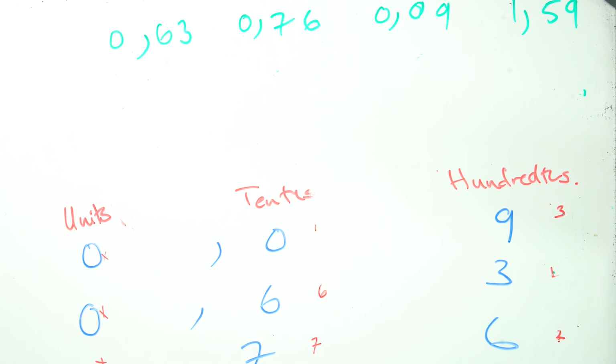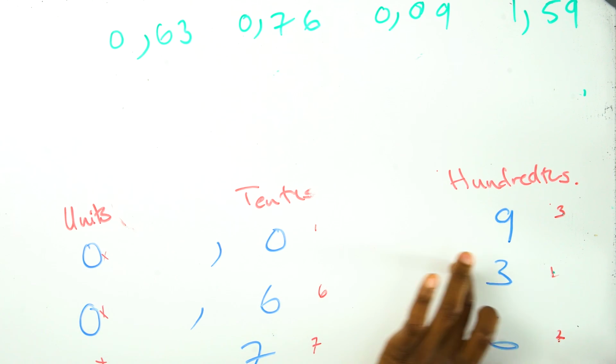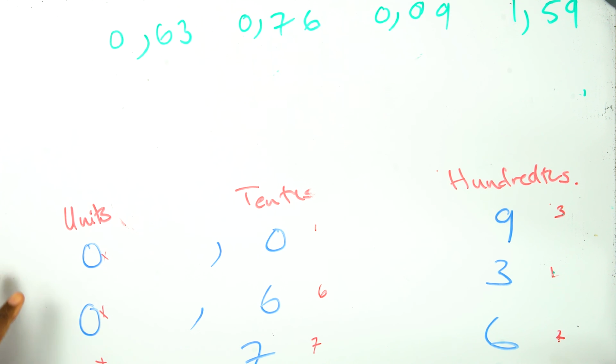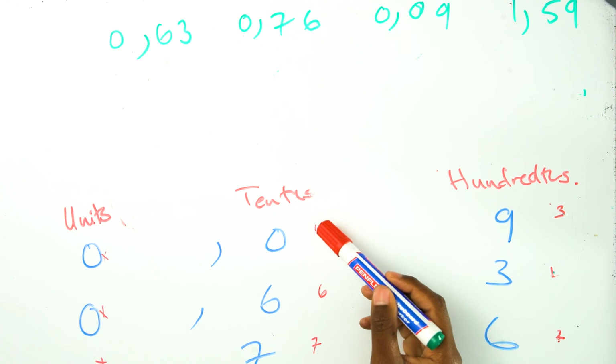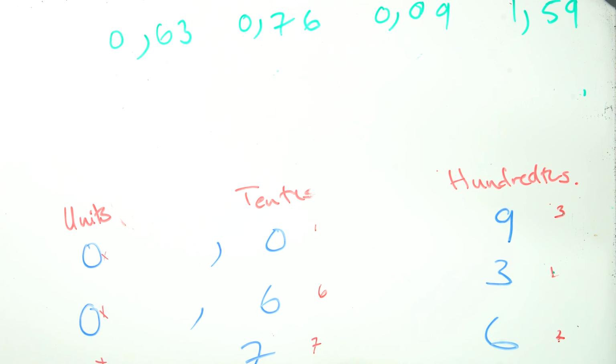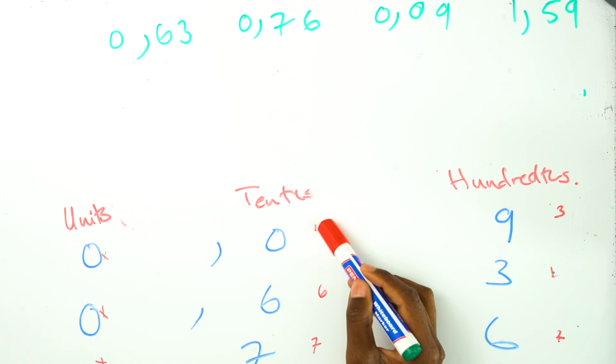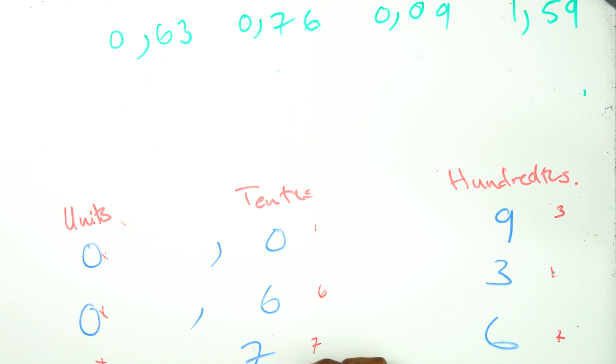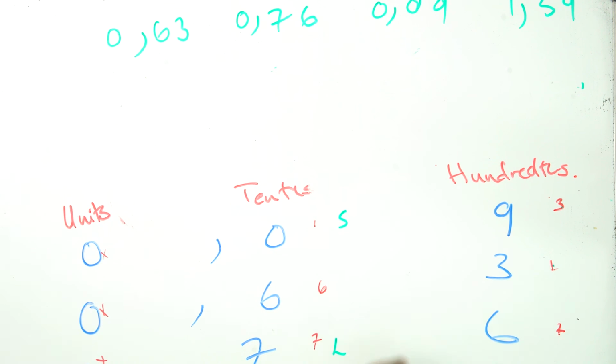So you just compare from the units, the tens, and the hundreds, which one is the smallest in each group. Here we have the 3 zeros, so 1 becomes the largest, and here we have 0, 6, 7, and 5, so 0 becomes the smallest and 7 becomes the largest.